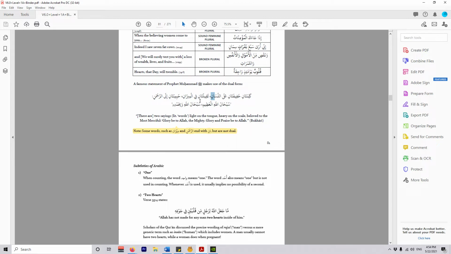But here, thaqilatan, they're 2 heavy words. Thaqil means something's heavy. It's got heft, weight to it. And mizan is scale, from the root wazn, mizan. It's ism ala, the tool. Habibatan, so they're both beloved to Ar-Rahman, meaning Allah.